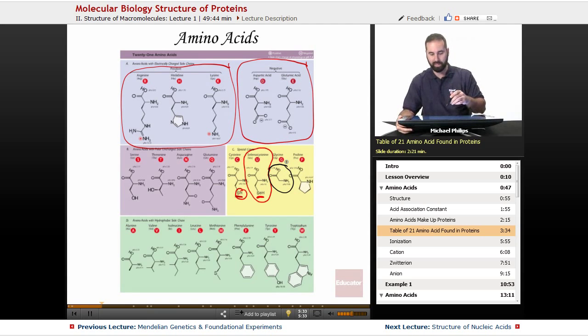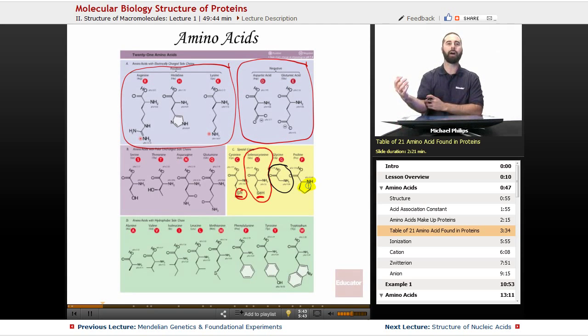And proline is a special case in that it actually has a secondary amine. So its R group is not free. It comes back and binds with the amine group. We'll see later that this makes it a helix breaker.